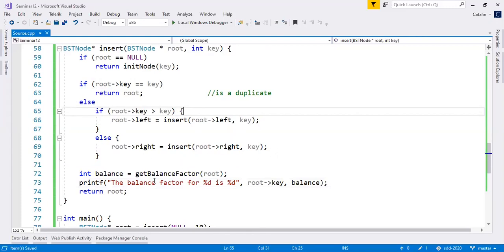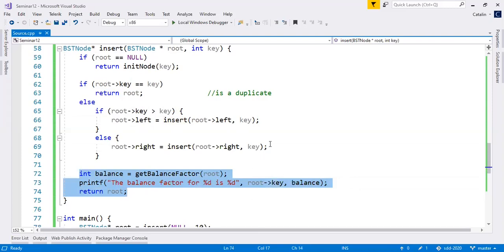Now if I run the same example again, each time we insert a new node, the balance factor will be computed when we go backwards. How do we know we go backwards? Because you see, I'm computing the balance factor after we returned from insert. So this has been executed, we are back on the current node, we are just preparing to exit from this current call of insert, and now we recompute this.